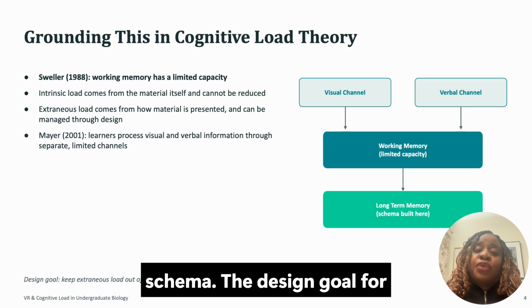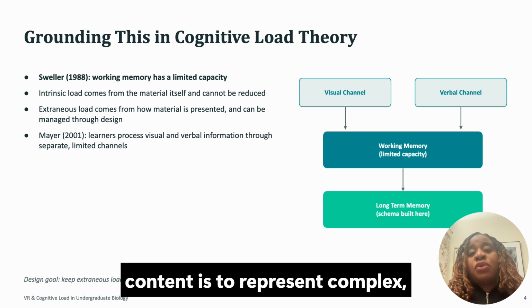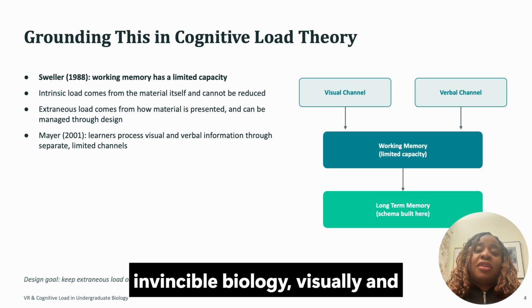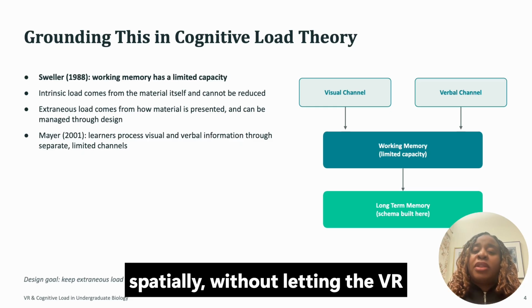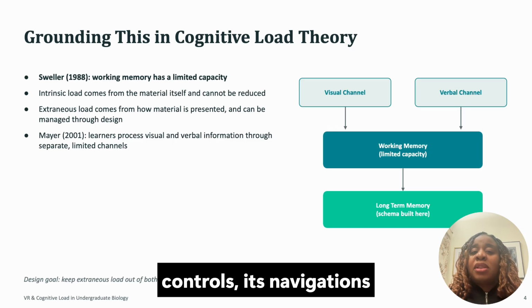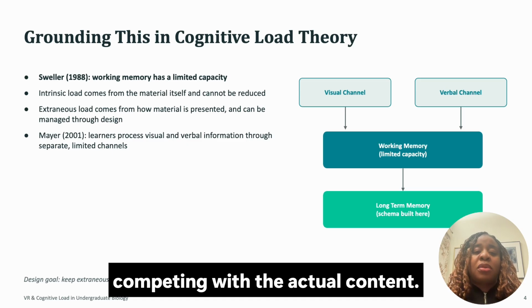The design goal for virtual reality content is to represent complex, invisible biology visually and spatially without letting the VR environment itself, its controls, its navigation, become a new source of extraneous load competing with the actual content.